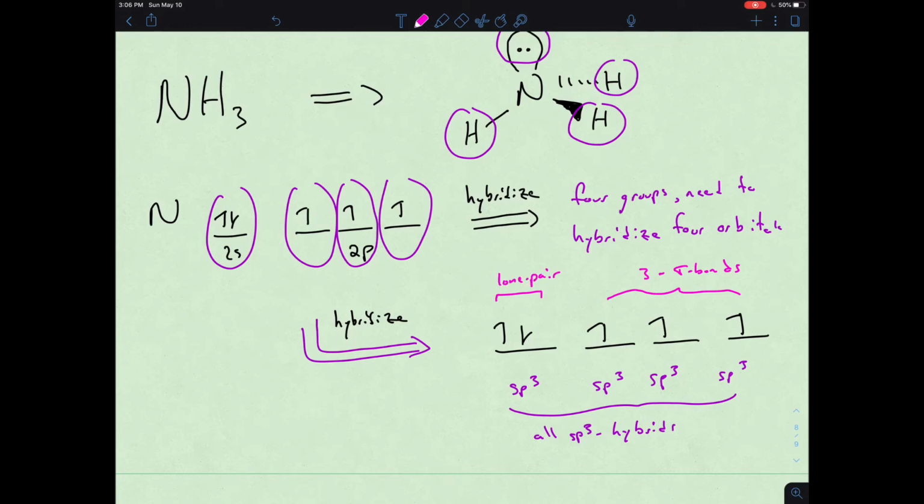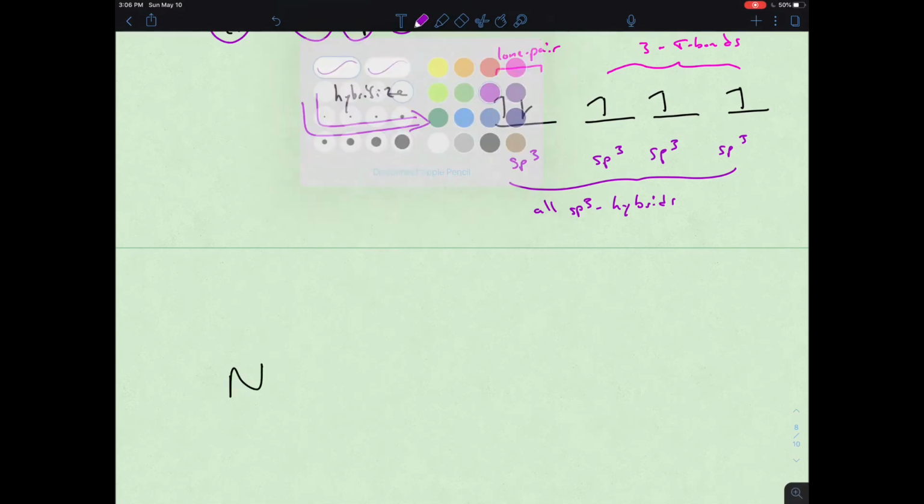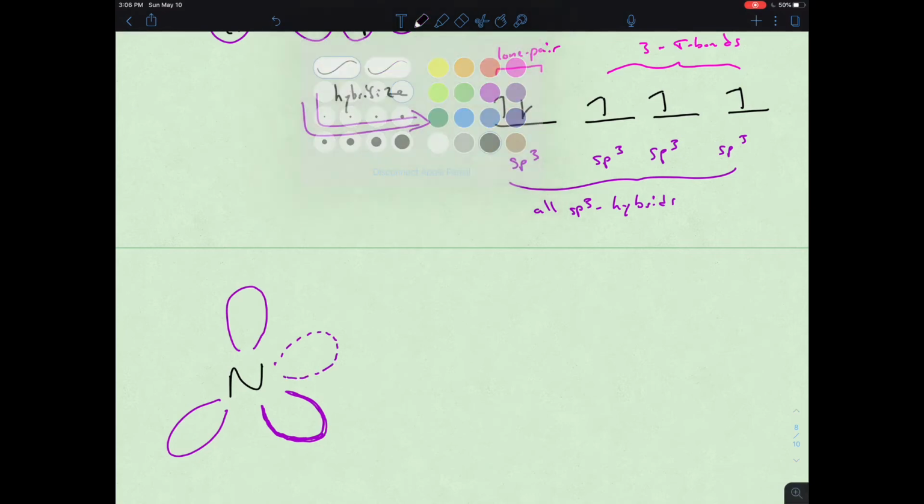So it's still the same type of organization. Our nitrogen would have those 4 lobes, just like our CH4 example. And then it would have 2 electrons in 1 because of the lone pair.